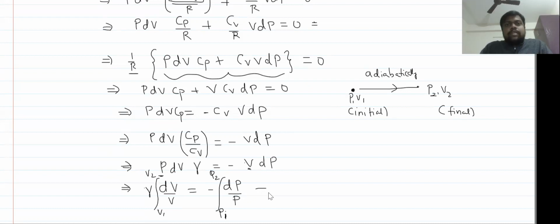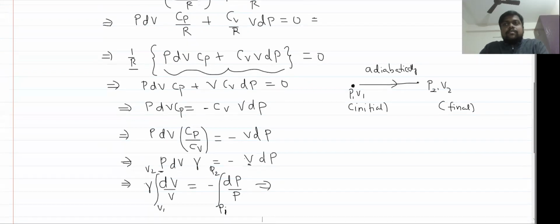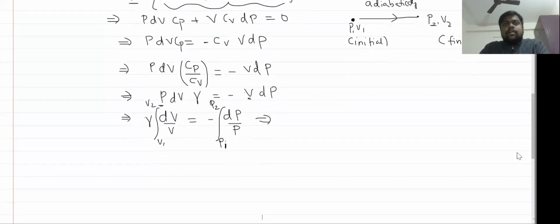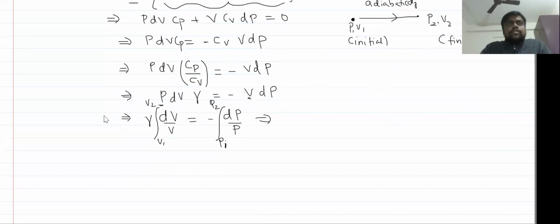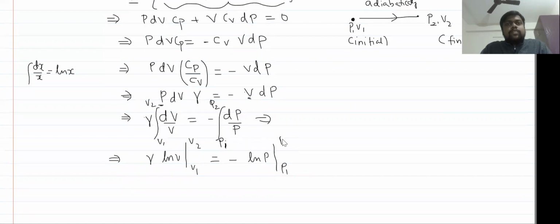So when you integrate this, after integration we will be getting ln V. Integration of dV by V will be ln V. You know integration of dx by x is ln x. So gamma into ln V from V1 to V2 is equal to minus of ln P from P1 to P2.